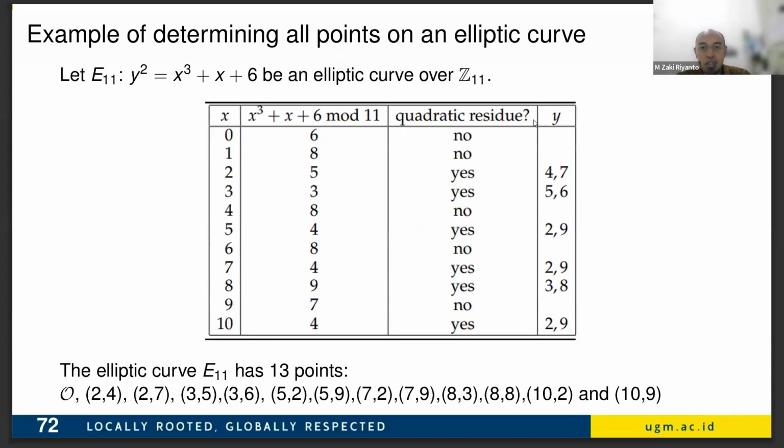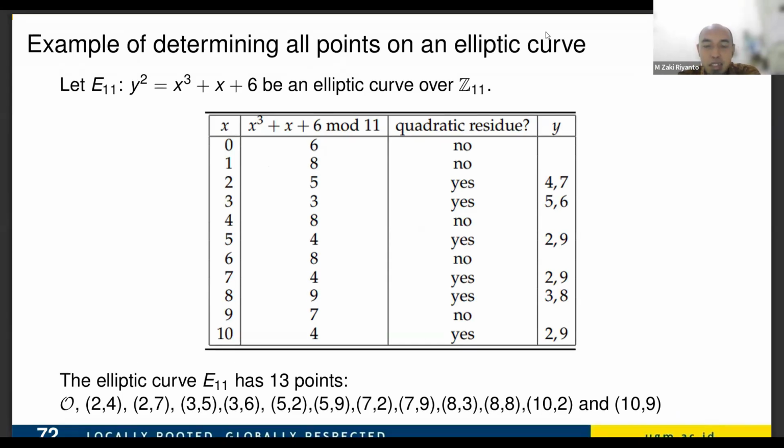And here is a method if we want to find all of the points on an elliptic curve. Here, we use an example. Let E be an elliptic curve defined by the equation y squared is equal to x cubed plus x plus 6 modulo 11.